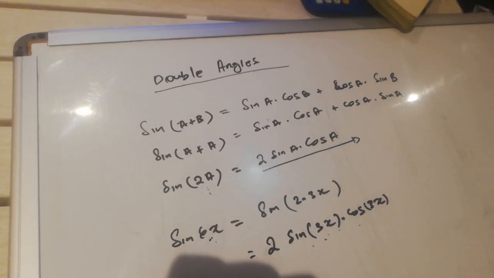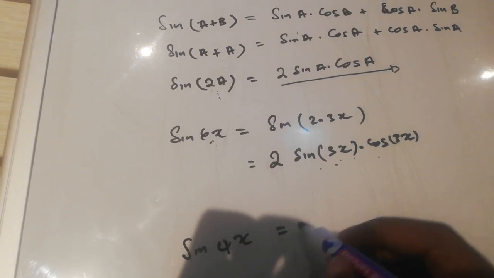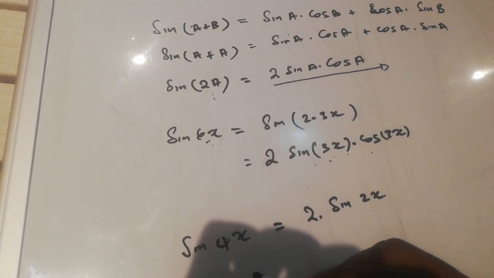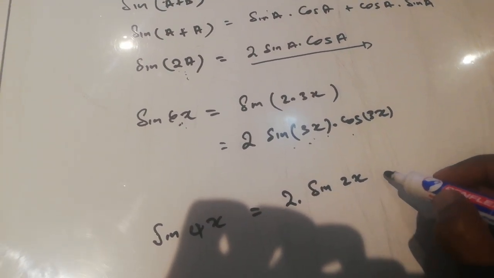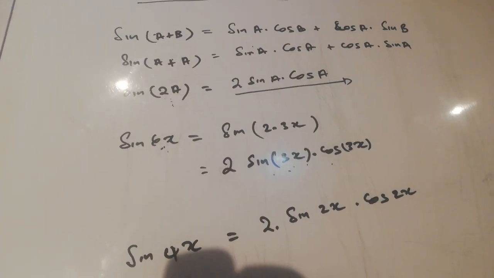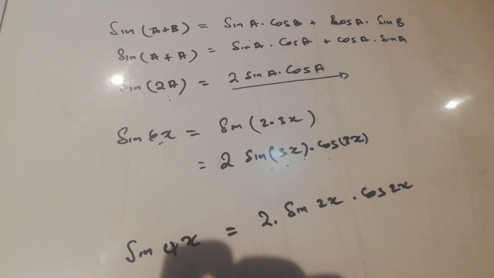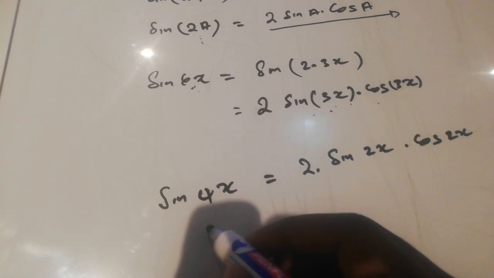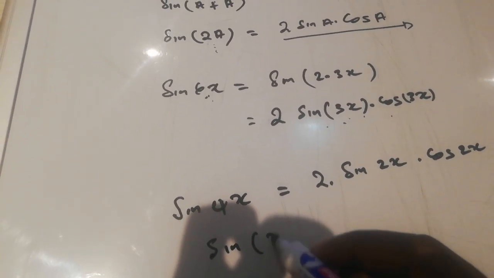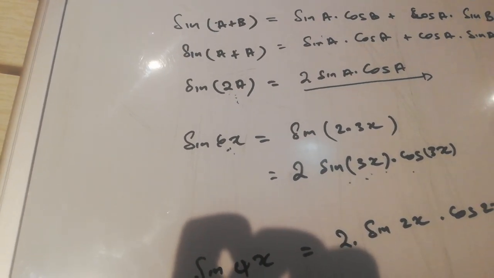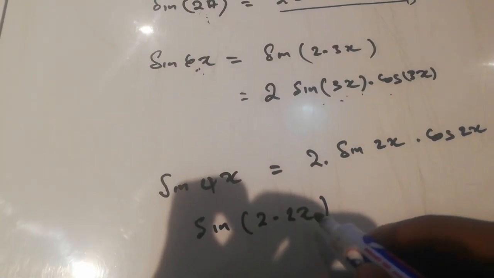Meaning, if we have sine 4x, we're going to have 2 times sine 2x, because 2x is half of 4x, times cos 2x. So now if you find it hard to comprehend all of this, you can always start by writing it with a 2 aside, meaning you say sine 2, and then the factor that will give us 4x is 2x.